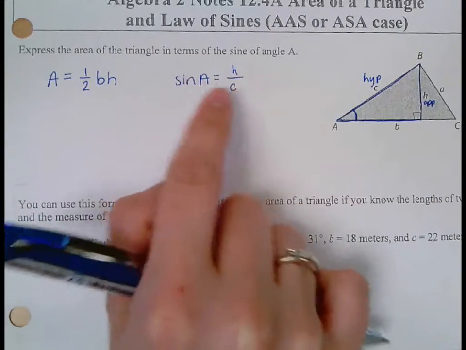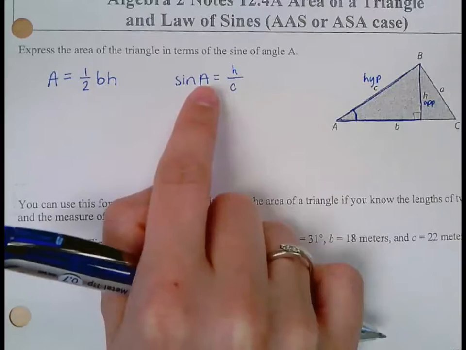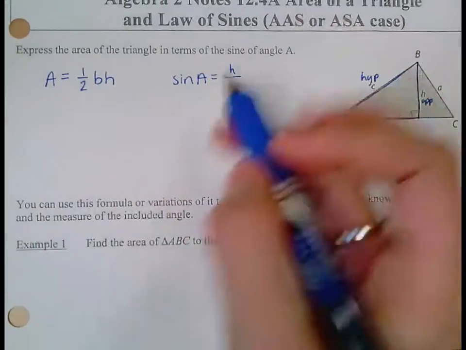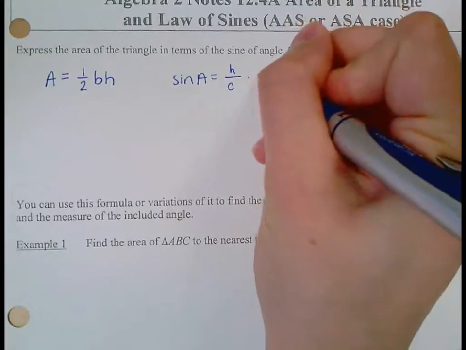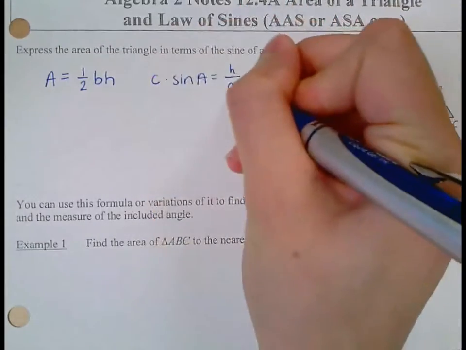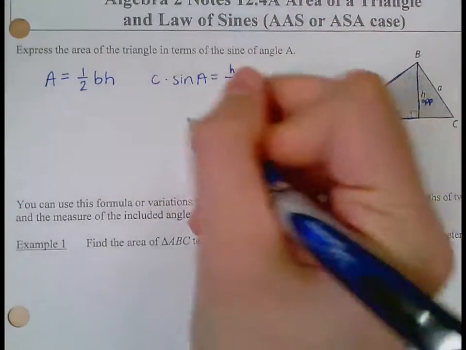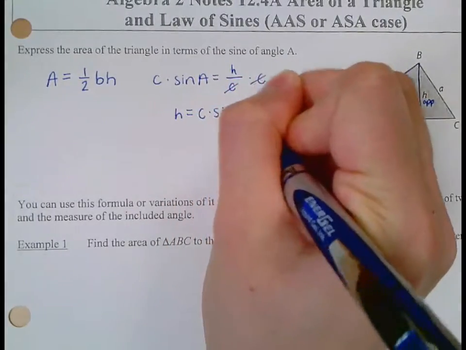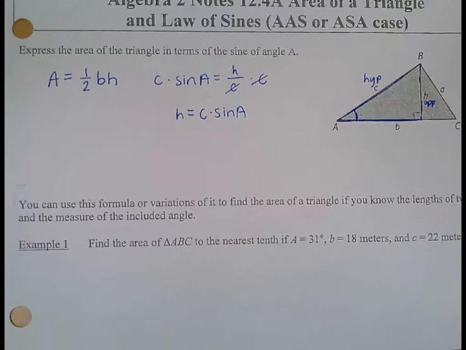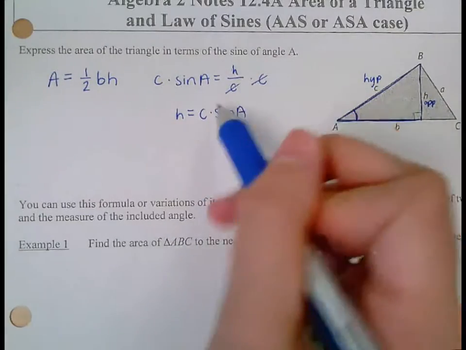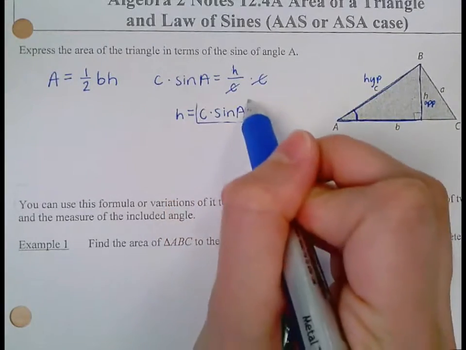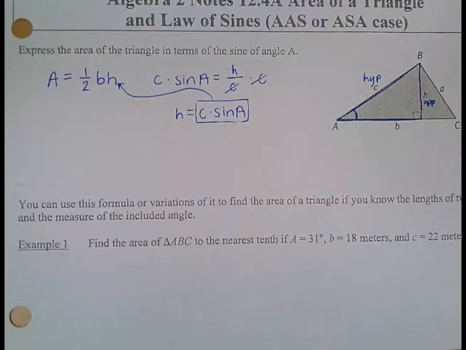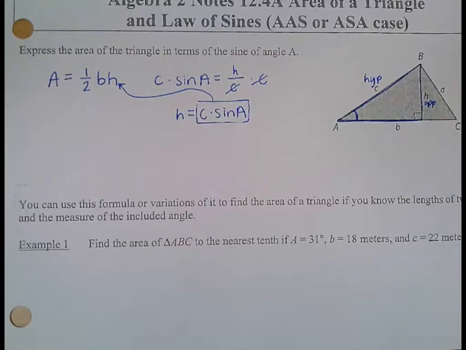We can solve this equation here for h, and then substitute what we get into our area formula. So if I wanted to solve for h, I would multiply each side by c. So h would equal c times sine of A. And then I can take this expression for h and substitute it into the area formula for h.